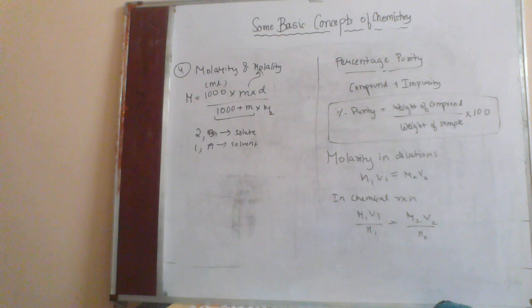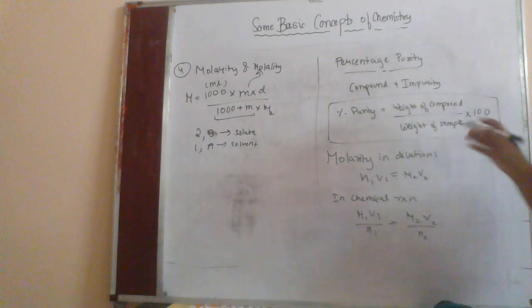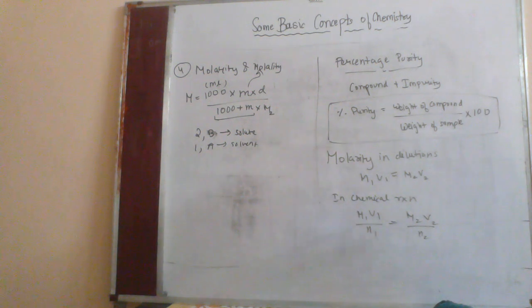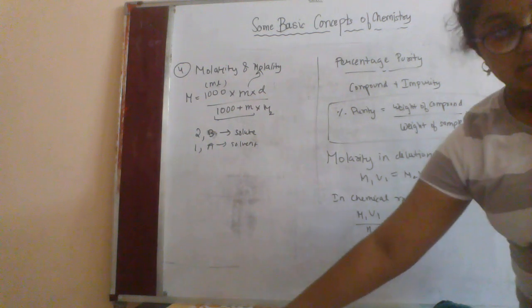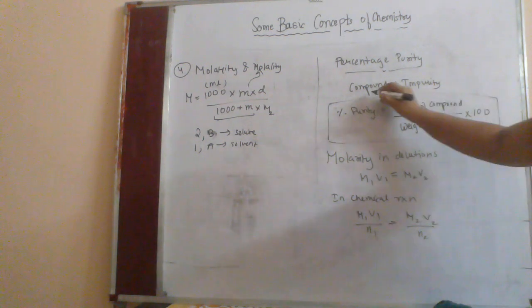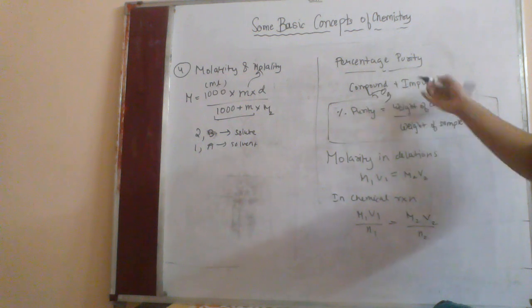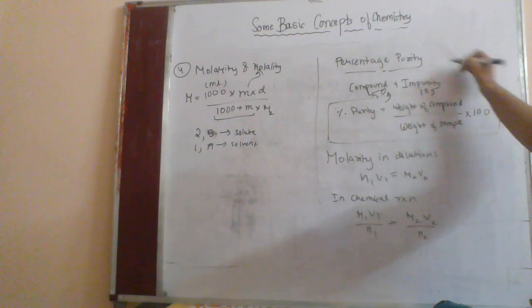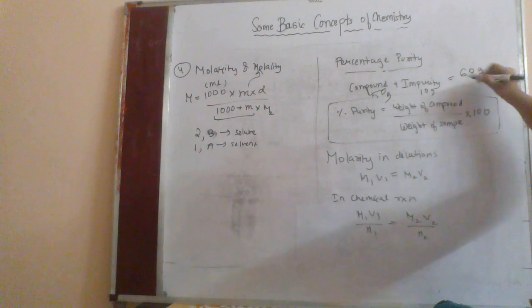Now coming to percentage purity. Let us assume a solution of 60 grams, and in that the actual compound is 50 grams and impurities are 10 grams. The whole sample comprises 60 grams.